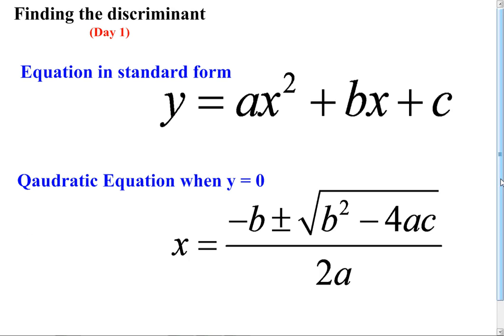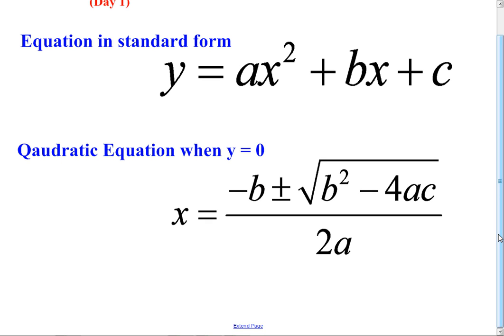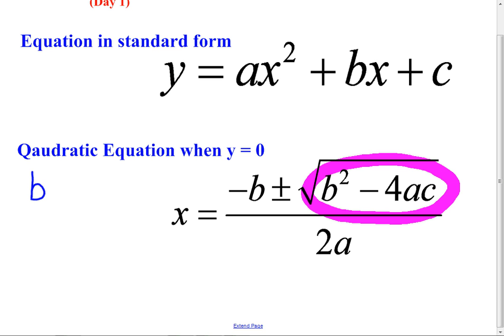This part right here is called the discriminant. Not with the square root, but just the b squared minus 4ac. You need to write this down. This is the discriminant right there.